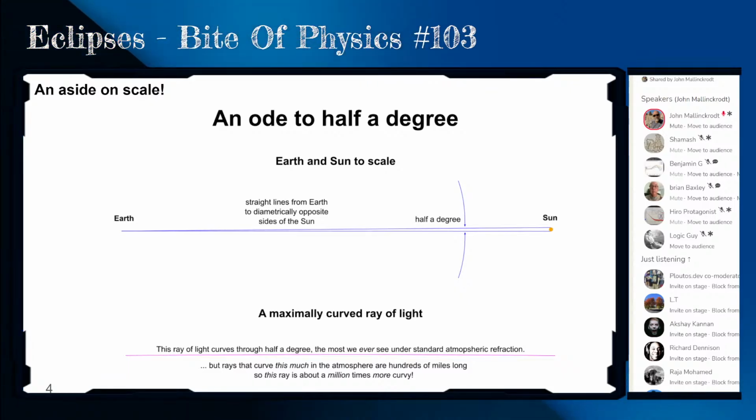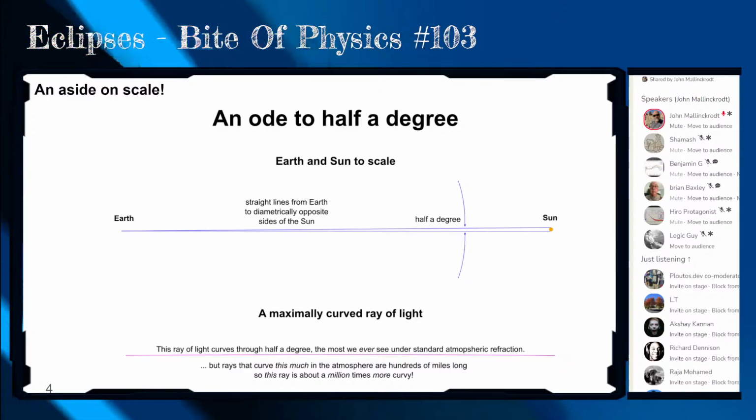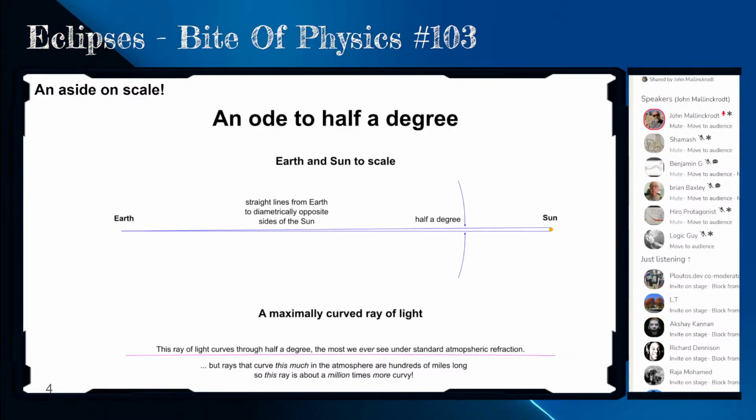I would have to put 100 of those little orange suns in a line to make it from the sun to the earth. And on this scale, the Earth, which is 100 times smaller than the Sun, I can't even begin to show you. I've just got two lines going from the place where the Earth is to the top and the bottom of the sun there.